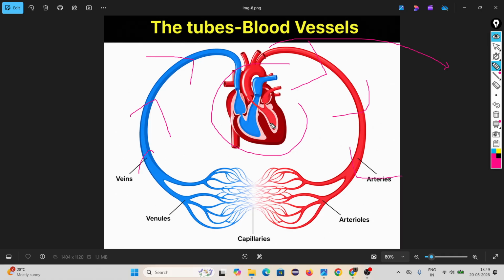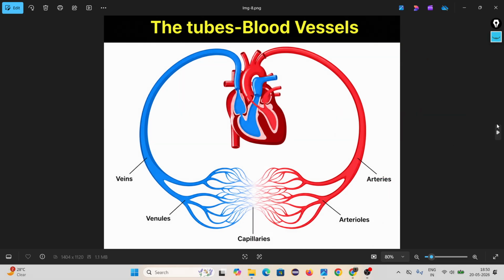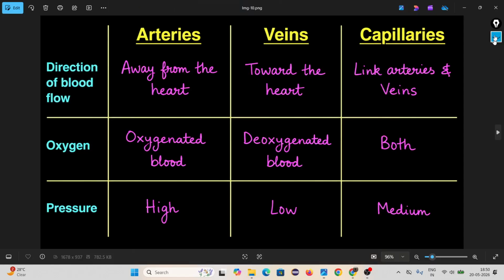If you want to remove the water, you push the bottle, and the water comes out. Whenever the heart sends blood to different parts of the body through arteries, it requires pressure. And when you put water inside your bottle, do you need any pressure? No. That means pressure in arteries is high, in veins low, in capillaries medium.